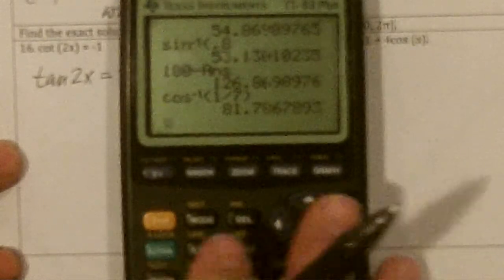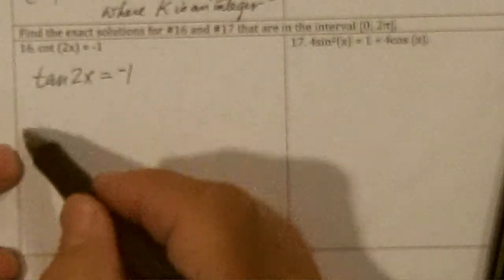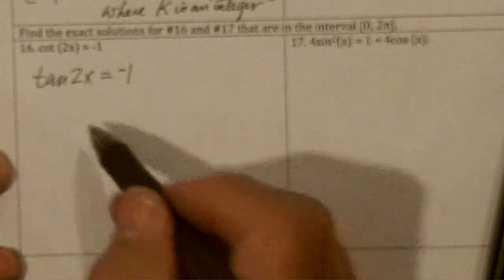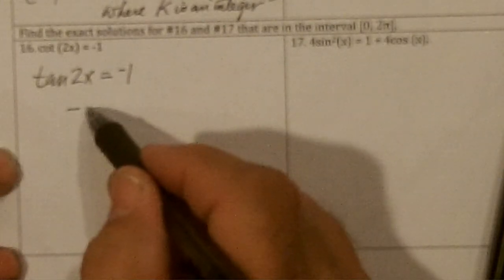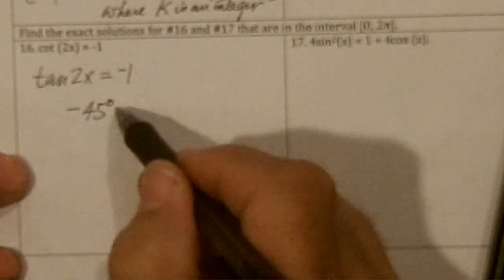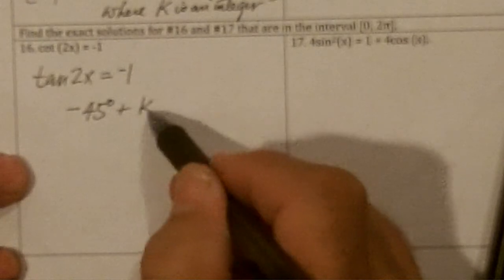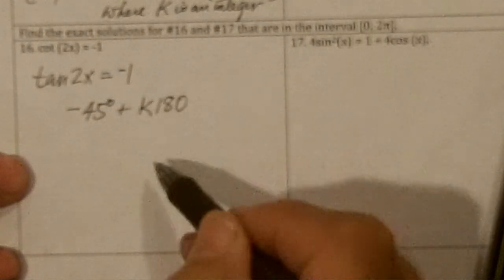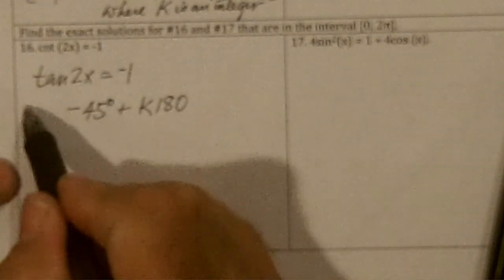Where is the tangent -1? We take the tangent out of the first and fourth, so that would be minus pi over 4, or minus 45 degrees, plus k 180, or pi. And that's what 2x is.